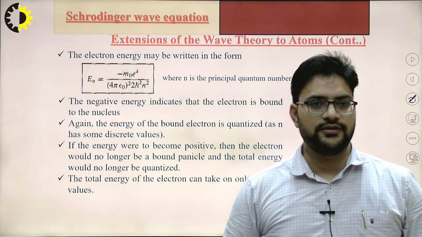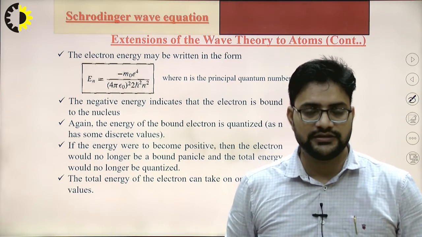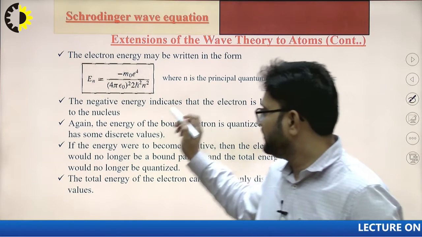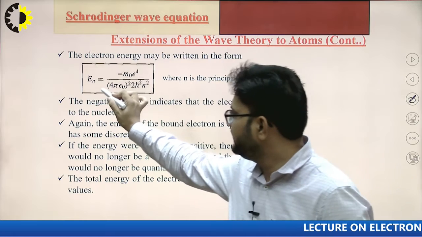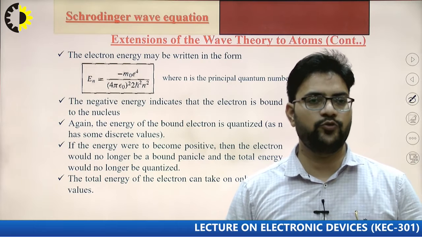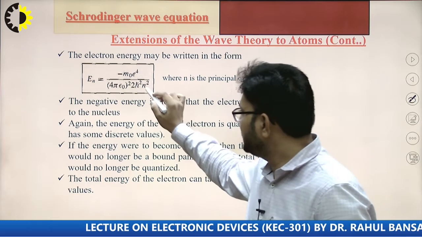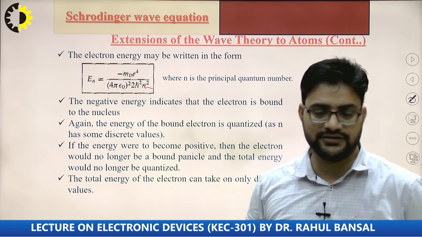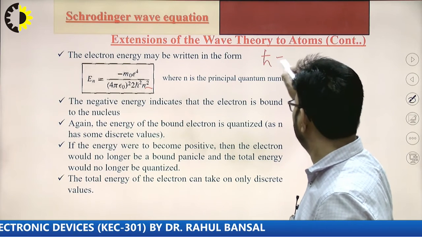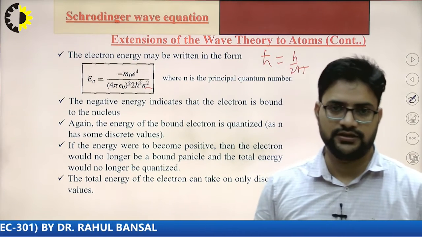Now if you see the electron energy, the mathematical relation can be derived: En is equal to minus m naught e raised to power 4 divided by 4 pi epsilon naught square multiplied by 2 h dash square into n square. In the previous video lecture, we have already discussed this h dash value is equal to h upon 2 pi, so you should not be confused by this term.